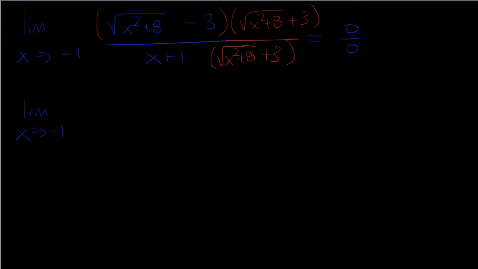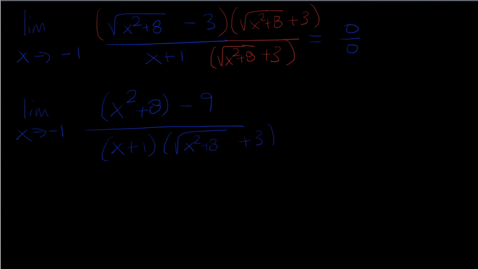The top, we have a minus b times a plus b. So it's a squared minus b squared. And we'll just keep the bottom the same, because eventually it's going to cancel out with the top.